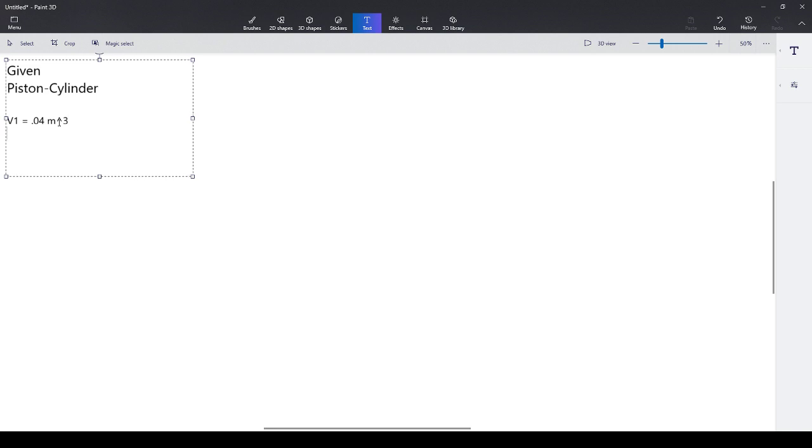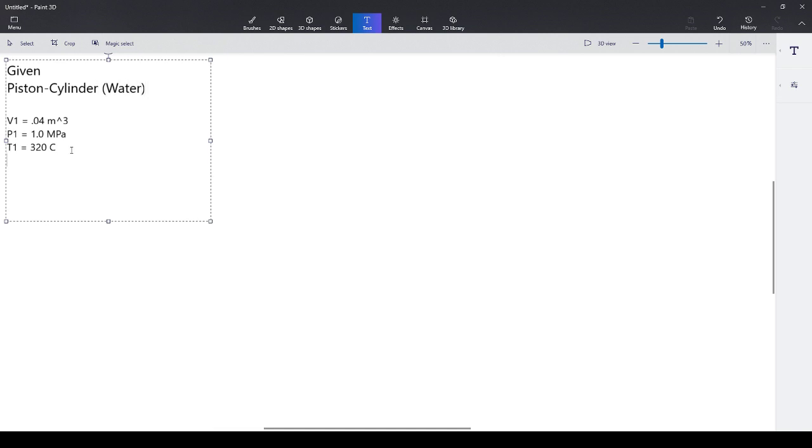And we were also given that this is at 1 megapascal and 320 degrees C. So P1 is 1 megapascal, so 1.0 MPa, and T1 is 320 C. Okay, so these are our initial conditions, right? And it's also water, so I'll put that up here, water.